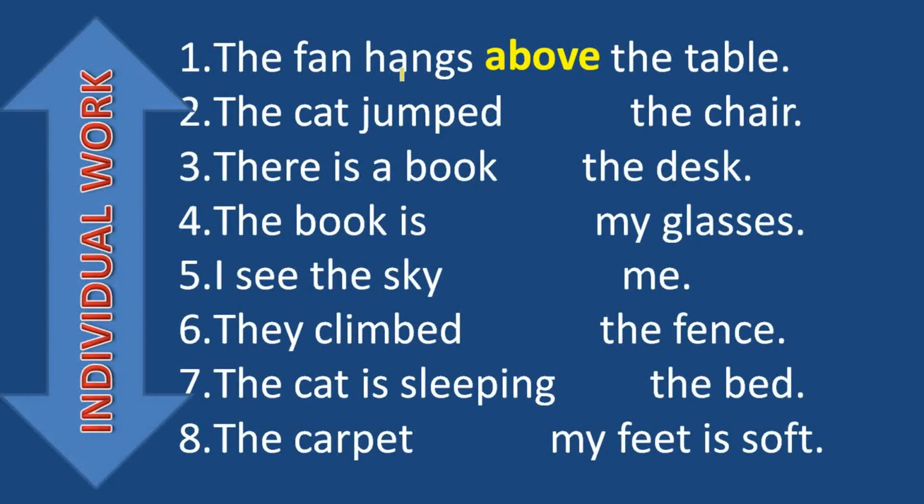The cat jumped dash the chair. As the cat jumped, it must go over the chair, and it had speed, so we will use over. There is a book dash the desk. Of course, book and desk are staying by touching, so we will use on.